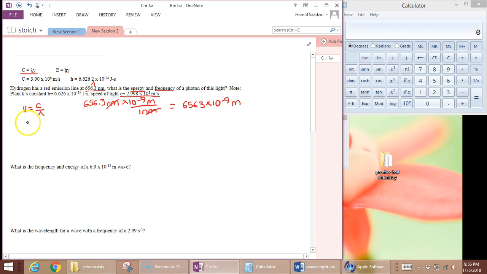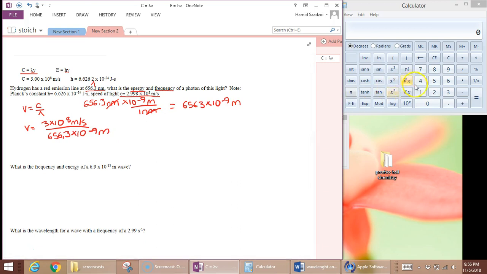Alright, now we're going to calculate our frequency. So frequency is going to equal 3 times 10 to the 8 meters per second divided by, and there's our number, 656.3 times 10 to the negative 9 meters.